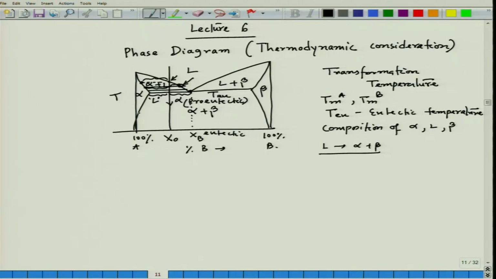Now, once I reach here, I will also find out what will be the composition of alpha and beta, and here the composition of beta would be this much and the amount of beta would be this. This is the fraction or percentage of beta, and of course, this is basically coming from weight fraction, and then this is my alpha percent, and since tie line is based on mass conservation, these are basically weight fractions.